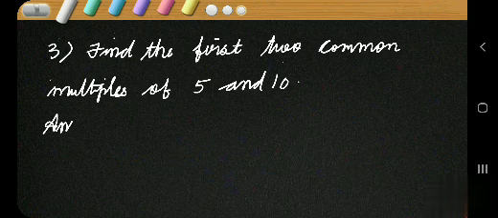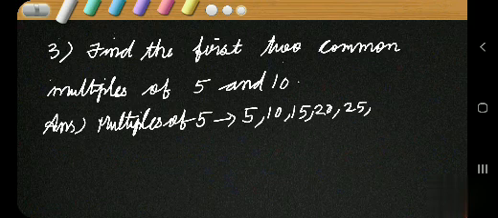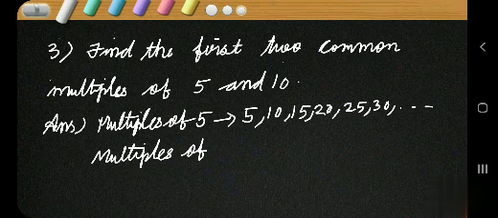Answer. First, we have to begin with multiples of the first number 5, isn't it? Which are the multiples of 5? 5, 10, 15, 20, 25, 30, etc. It goes on like this. Down we have to write down multiples of 10.